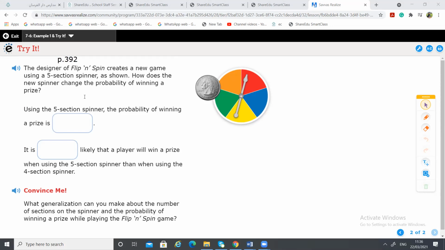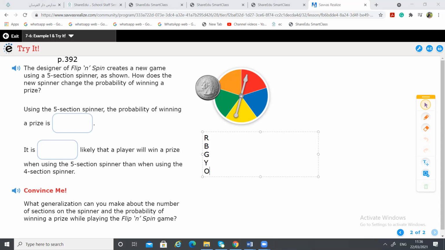How does the new spinner change the probability of winning a prize? Using the 5-section spinner, the probability of winning the same prize, before it was out of 4, but now it is out of 5. Girls, which color is extra here? Before it was only red, blue, green, yellow.